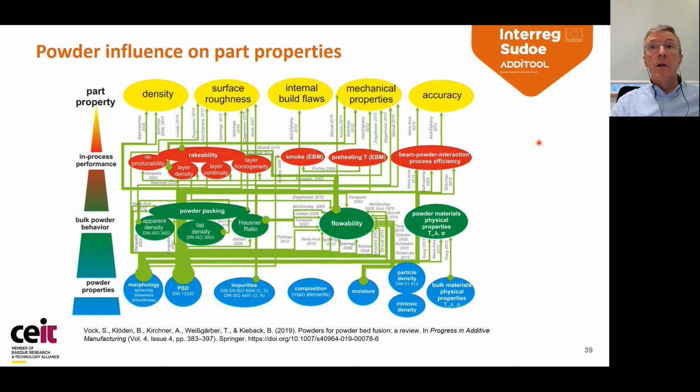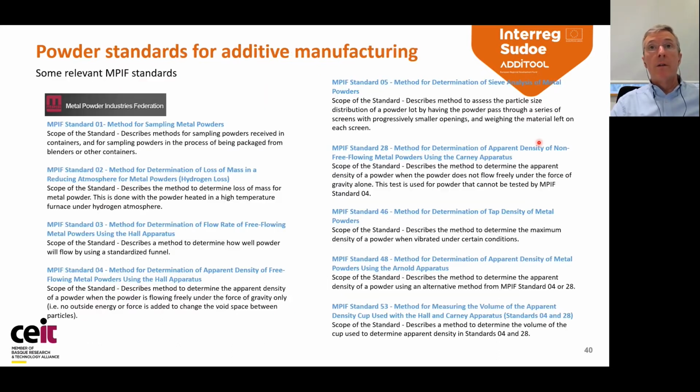So I will not summarize this because it's almost impossible. There is a huge number of works in this line.